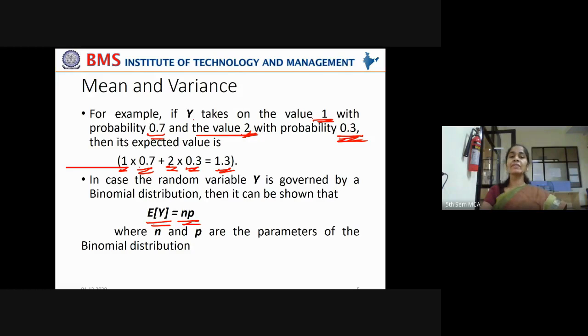In that case, the expected value of y, or the mean of y, can be represented as the product of n and p. Okay, n and p are the parameters of the binomial distribution, but what actually are they? N is the number of data points and p is the probability of occurrence of some event. So the expected value of y can be written as np.